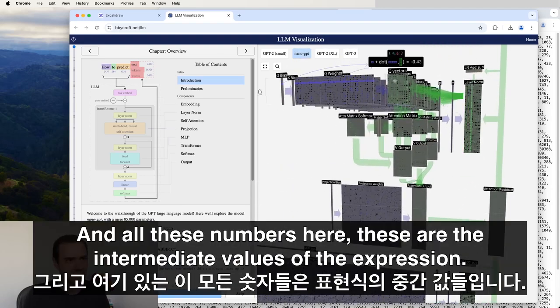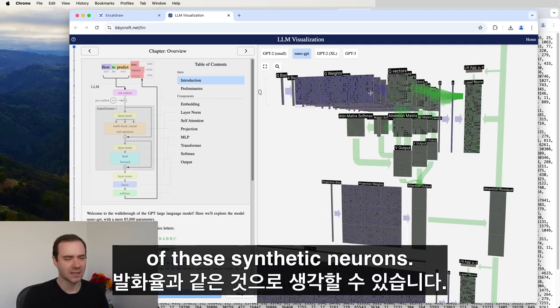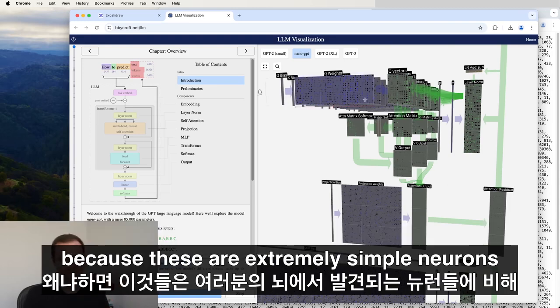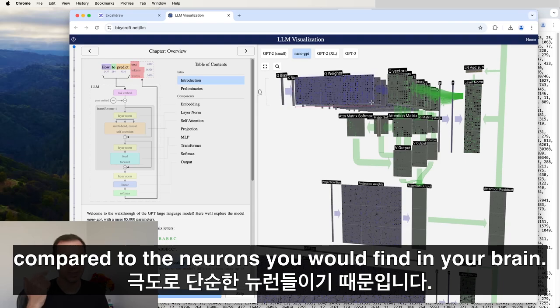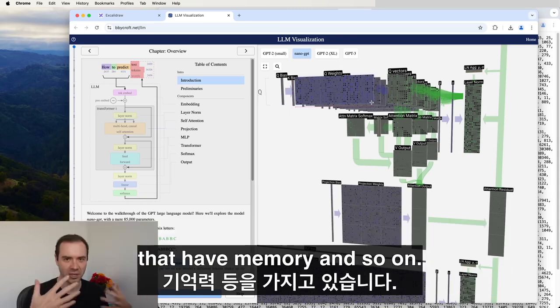And all these numbers here, these are the intermediate values of the expression. You can almost think of these as the firing rates of these synthetic neurons. But I would caution you to not think of it too much like neurons, because these are extremely simple neurons compared to the neurons you would find in your brain. Your biological neurons are very complex dynamical processes that have memory and so on.